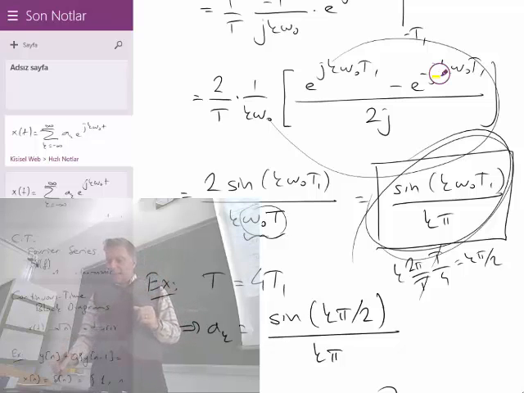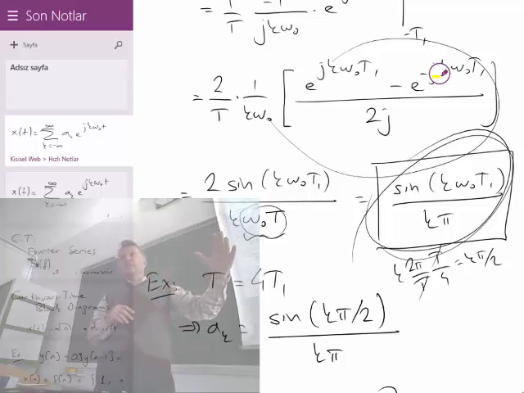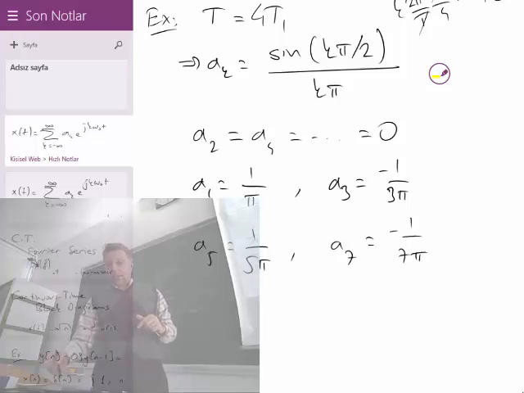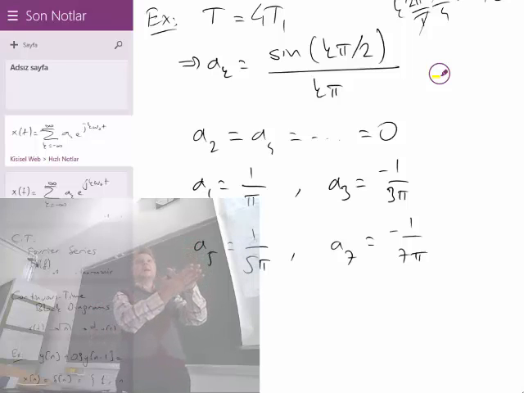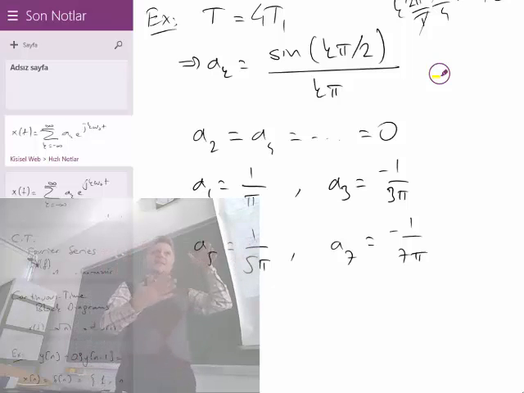However, the denominator is k pi, and as k increases, the denominator also increases, which means that as k goes to infinity, the Fourier series coefficient magnitude is decreasing. Look at that: 1 over pi, then -1 over 3 pi, then 1 over 5 pi, then -1 over 7 pi. It is decreasing in magnitude. The value is shrinking, and at infinity, we will get zero.